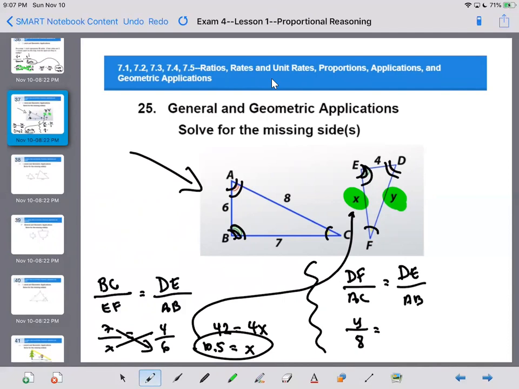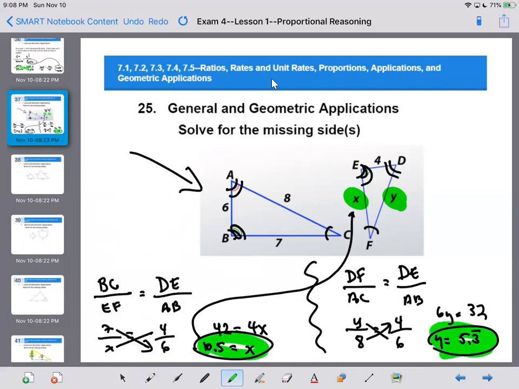So DE would be 4, AB would be 6. So Y times 6 is 6Y. 8 times 4 is 32. And if you take 32 and divide it by 6, you're going to get 5 3/10 repeating. So there's Y in green, and there's X in green.